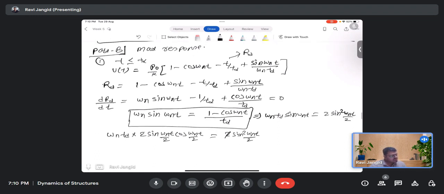The 2 will cancel out, one sin term will cancel out, so I will get omega n td is equal to tan omega n t by 2.